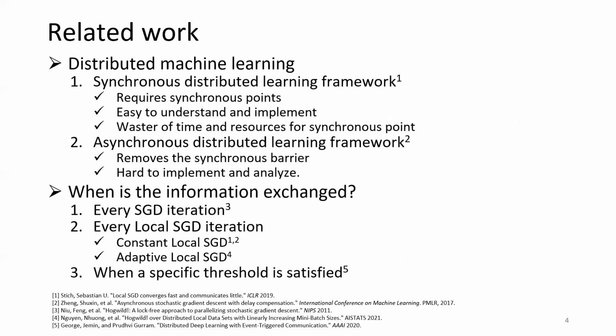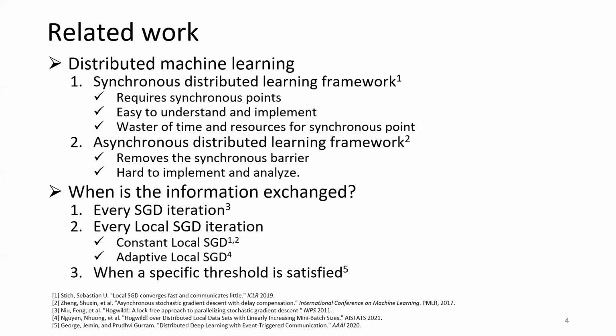Before zooming into the system design, I want to briefly talk about the related work. For distributed machine learning, we have the synchronous setting and the asynchronous setting. Compared to the synchronous setting, the asynchronous setting can fully utilize the capacity of compute nodes.